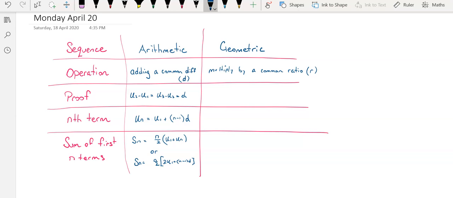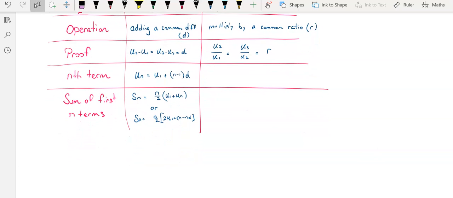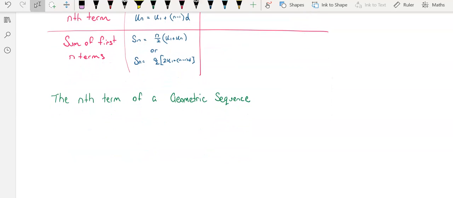Okay, so the proof, as I've just hinted, is take any term and divide by the term in front, and that's going to give you our common ratio at whatever point in the sequence you take those terms. This is going to be useful in the work we do shortly. Now the nth term, this is new work now, so the nth term of a geometric sequence. In a geometric sequence, we're going to get this sort of thing, aren't we?